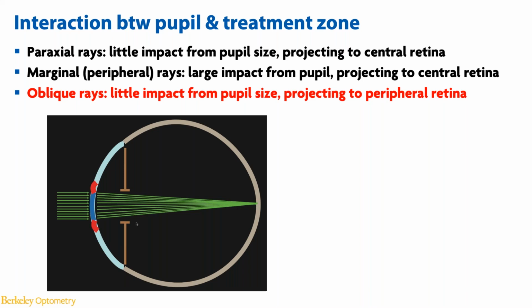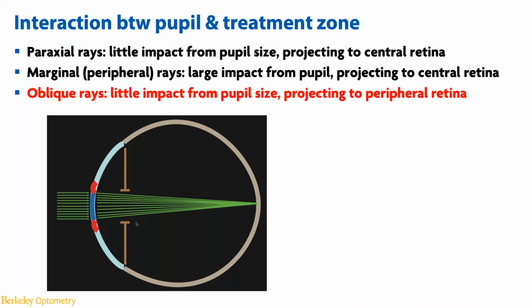So to really understand how a smaller treatment size on the cornea has impacted the retinal defocus profile, I'm providing you some really simple schematics illustrating the 3 types of rays actually getting into the eyes. The first type of rays, which is shown here in green, is called the paraxial rays or the central rays. These are the rays that are very proximal to the optical or visual axis, and are parallel with the visual axis.